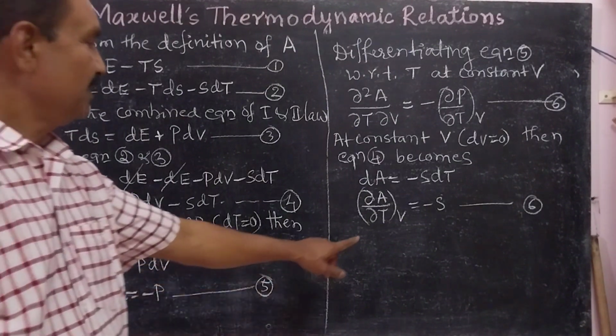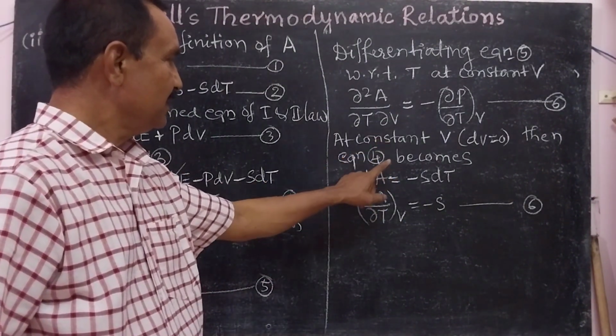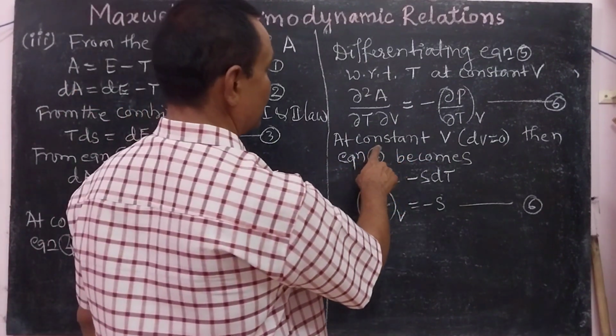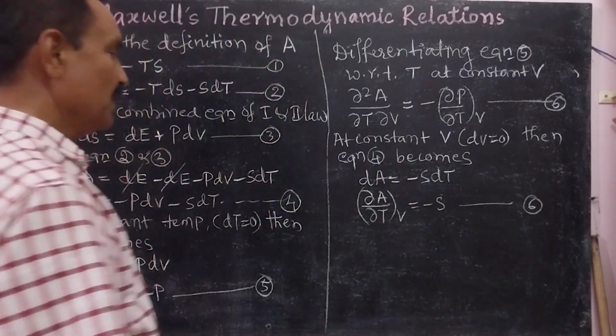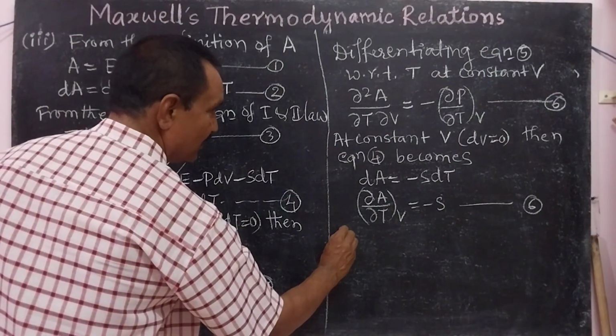Now, the equation 4 becomes this at constant V. Now differentiate this equation.